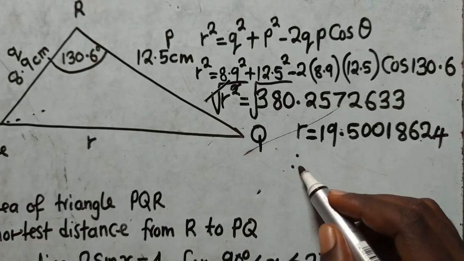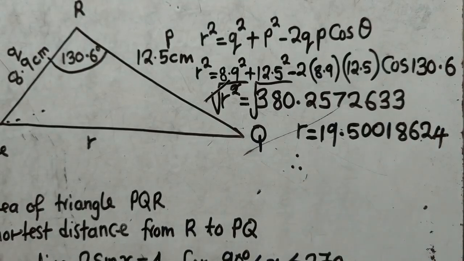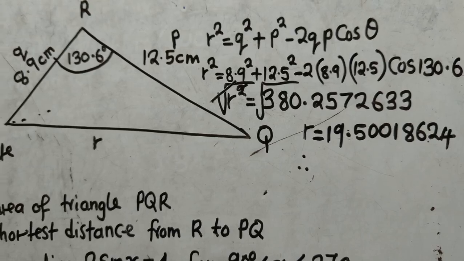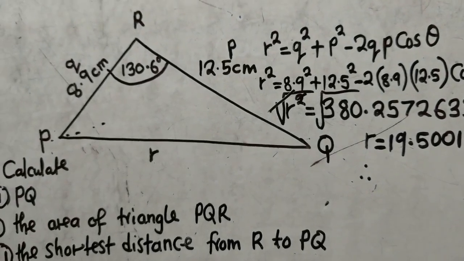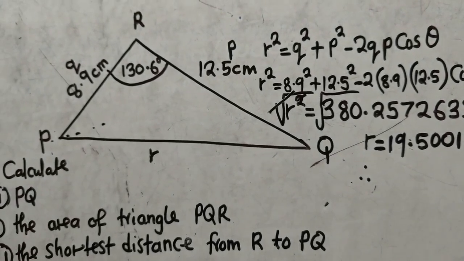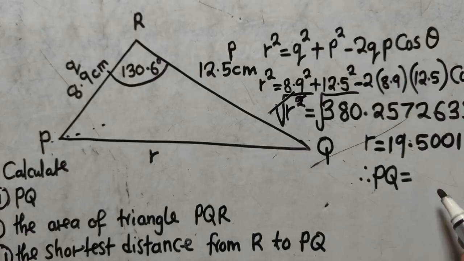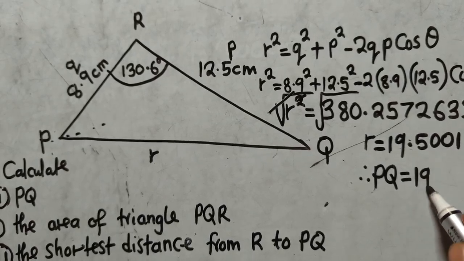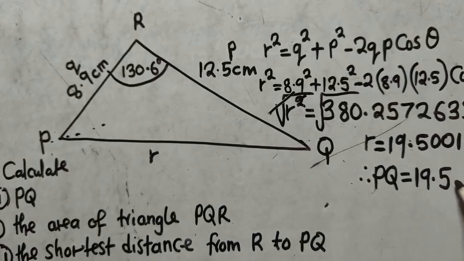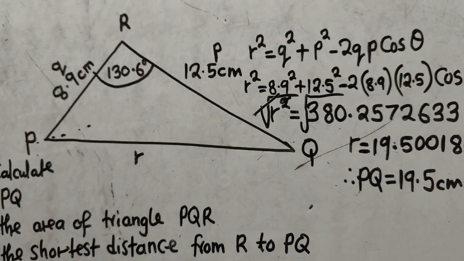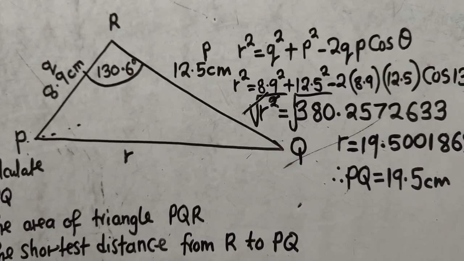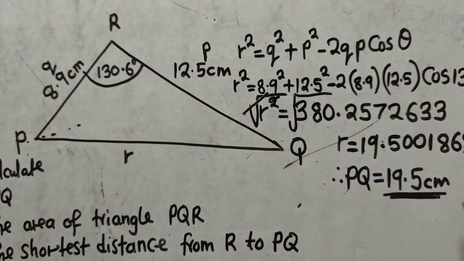Therefore, you go to your question, you were told to find PQ. So PQ is equal to 19.5 centimeters. This is the answer you get.